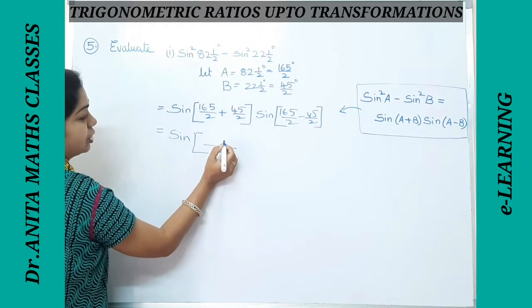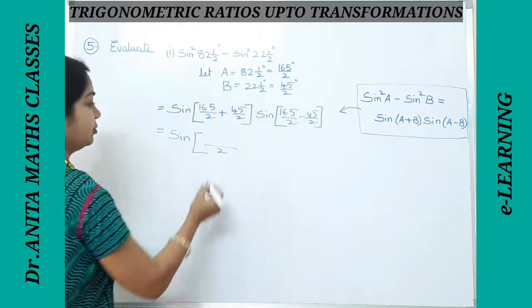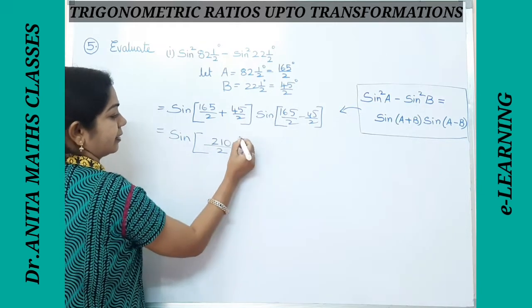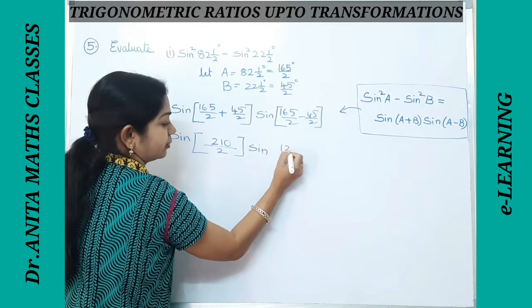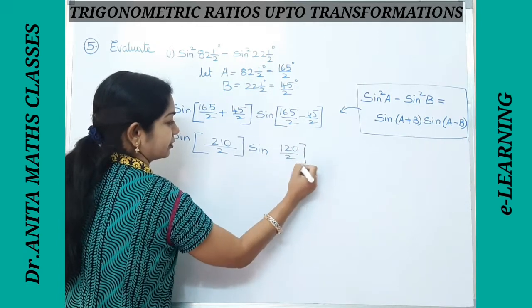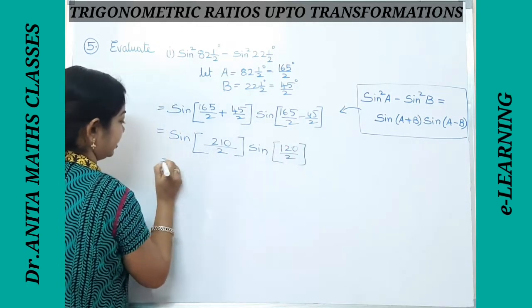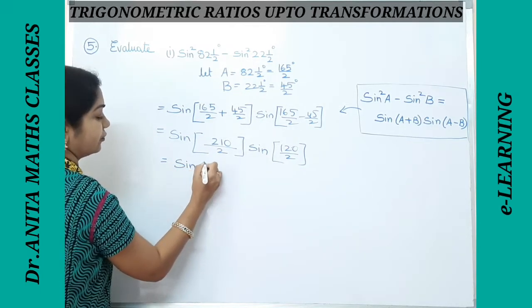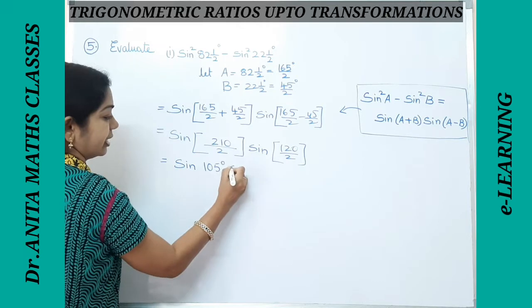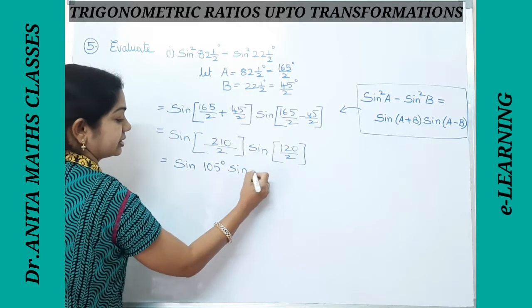This comes to 210 by 2, and subtracting, you get 120 by 2. So that is nothing but sine of 105 degrees and sine of 60 degrees.